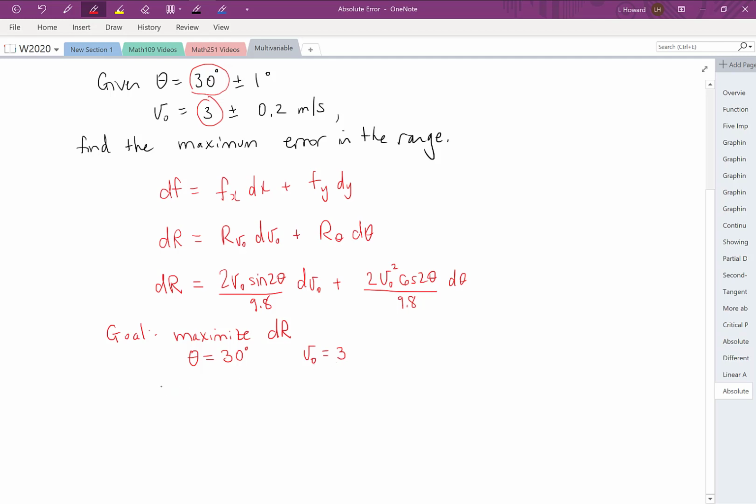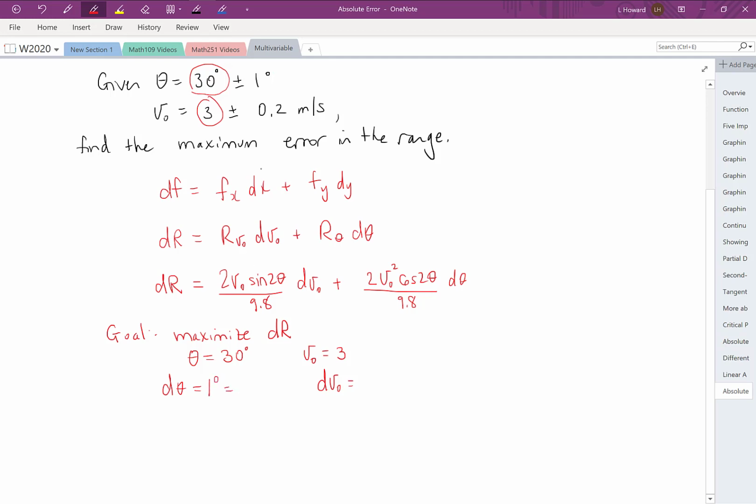And then we need to talk about d theta and dv0. Well, error is always given as plus or minus a certain quantity. We're going to keep it simple and just use the positive quantity, and because we want to maximize dr, we want to use the maximum positive value for the error, which would be 1 degree for d theta.